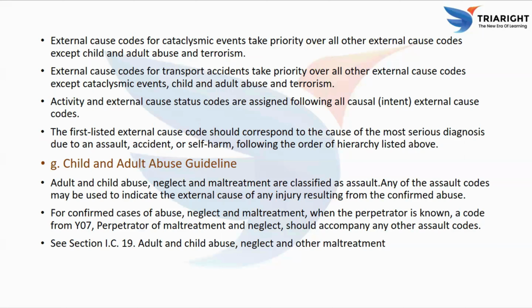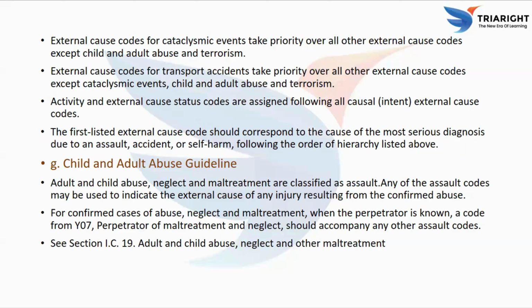These take priority over all external causes except child and adult abuse as well as terrorism. For example, a patient is injured during an earthquake and then involved in a road accident. The first listed external cause code will be the earthquake, and the transport accident is coded after the earthquake.